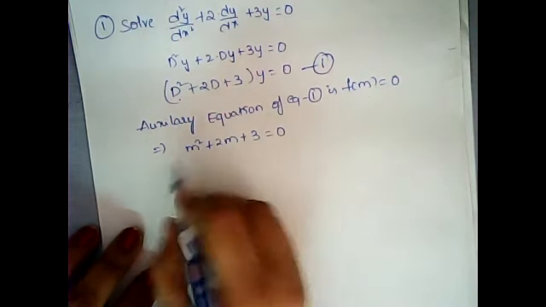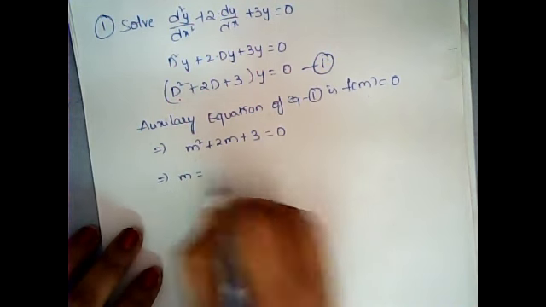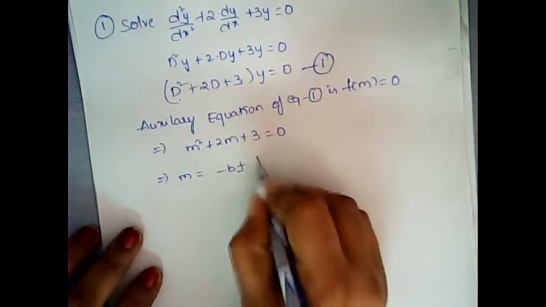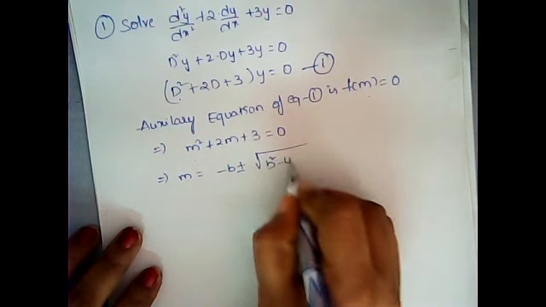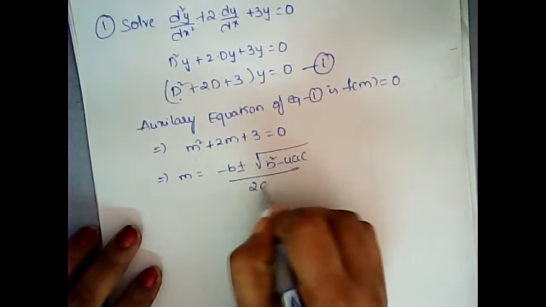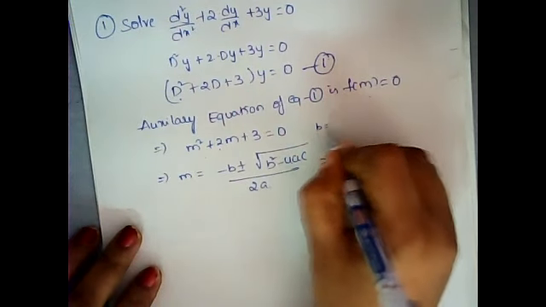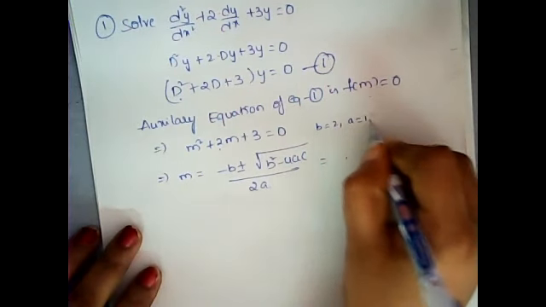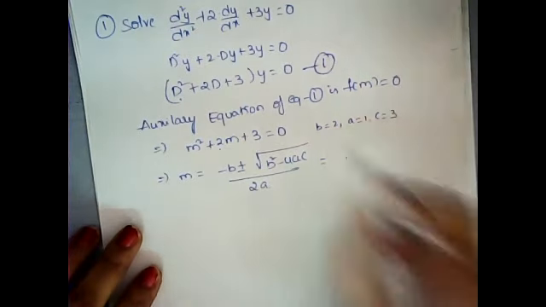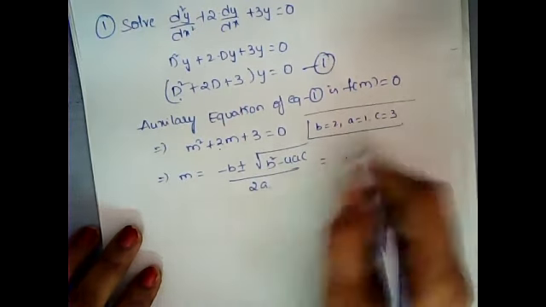No. So what we are supposed to do here is m = (−b ± √(b² − 4ac)) / 2a. What is b here? b = 2, a = 1, and c = 3. Let us substitute this.